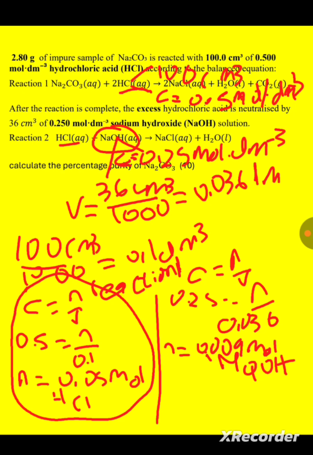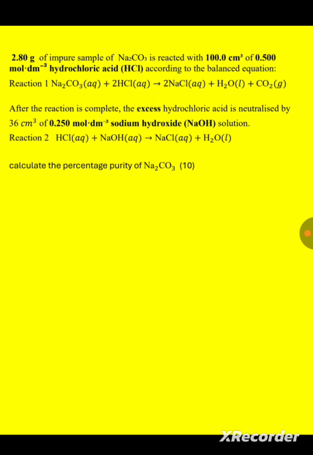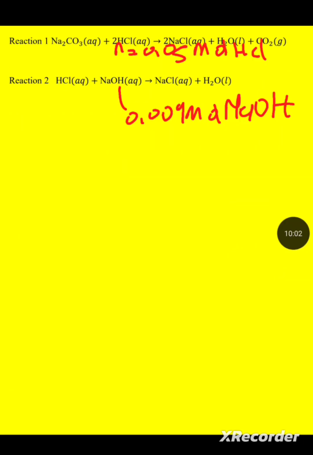Now we must use the ratio. Okay, we got the number of moles here. Let me continue on the next page. So my calculation was as follows. In reaction 1, I calculated the number of moles of HCl.